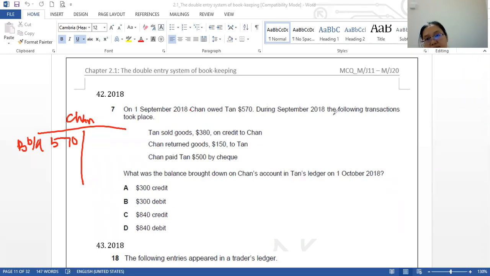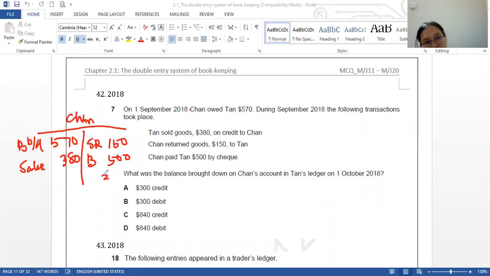During September, Tan sold goods on credit to Chan. So this is a sales, 380. Chan returned goods. So this is a sales return. Chan paid Tan, so this is the bank, 500. So take this plus, minus this: 570 plus 380 minus 150 minus 500.